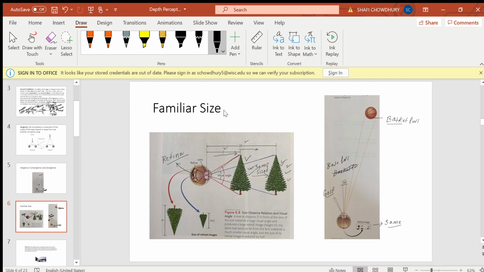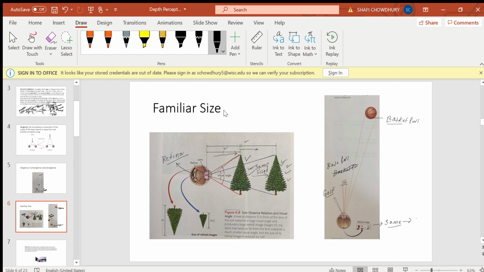So although the brain in this case receives the same size from the retina, the brain will know that the basketball is much farther away than the baseball, and the baseball is much farther than the golf ball.